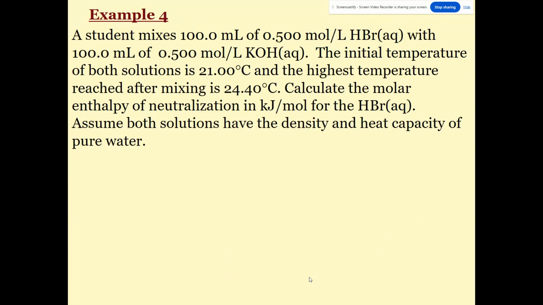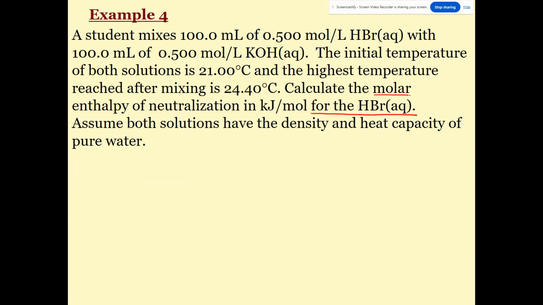So a student is mixing 100 mL of 0.5 mole per liter hydrobromic acid with 100 mL of 0.5 mole per liter potassium hydroxide. The initial temperature of the solutions is 21, and the highest temperature reached after mixing is 24.4. Calculate the molar enthalpy of neutralization in kilojoules per mole for the HBr.